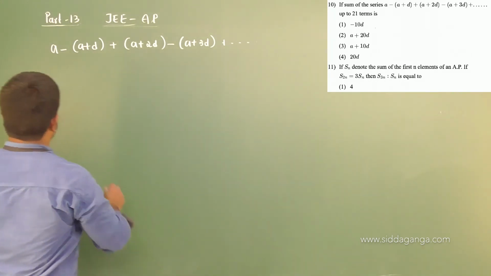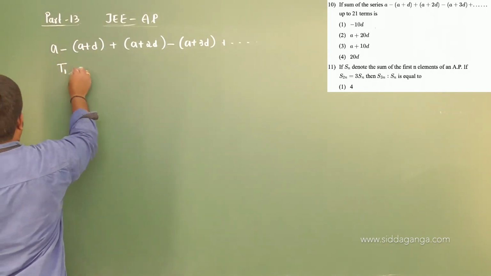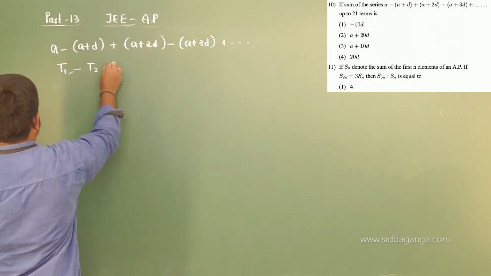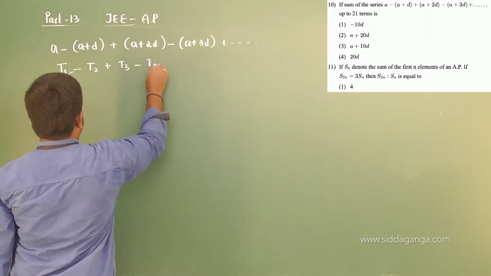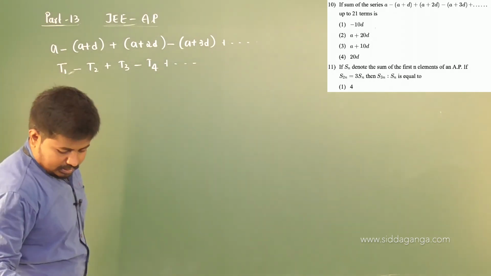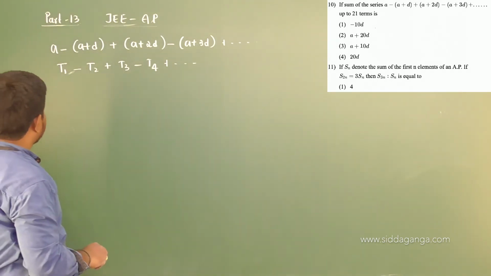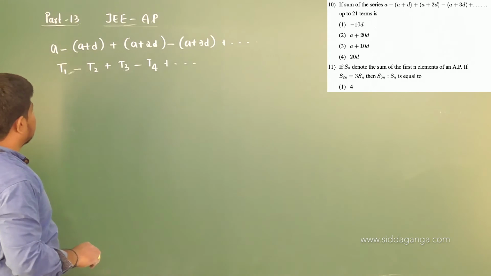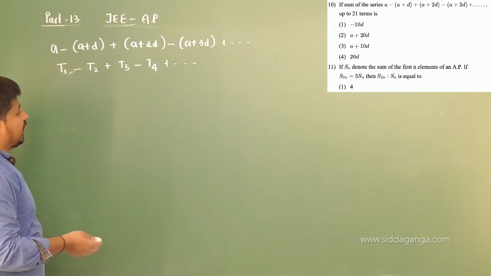Let me rewrite this, first term I am going to write T1 minus T2 plus T3 minus T4, and so on. Observe here the terms in the odd places are positive and the terms in the even places are negative, right?